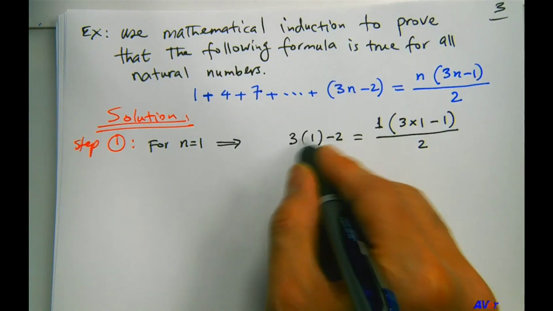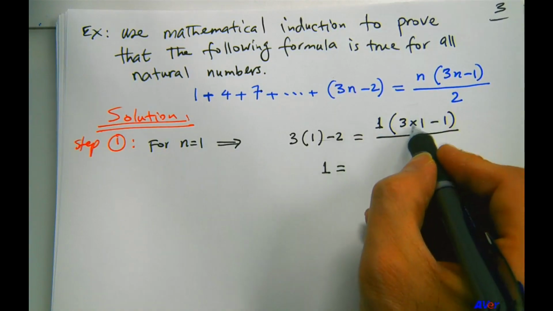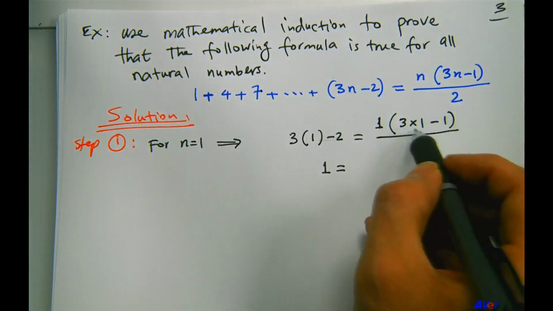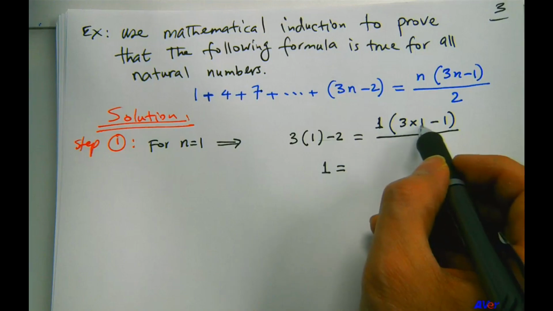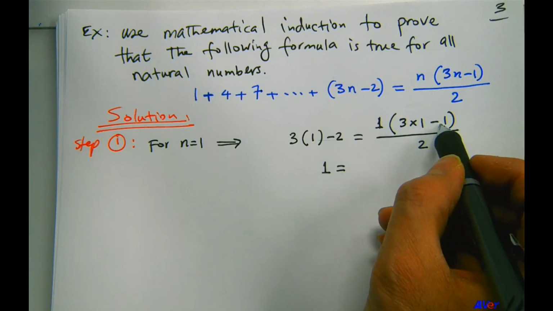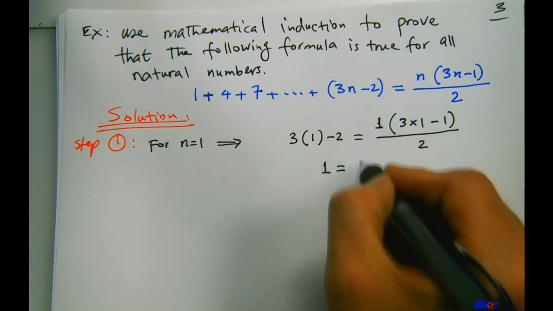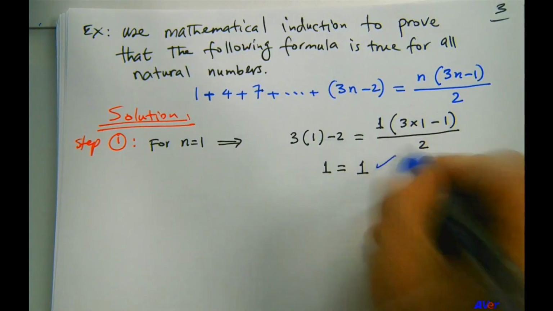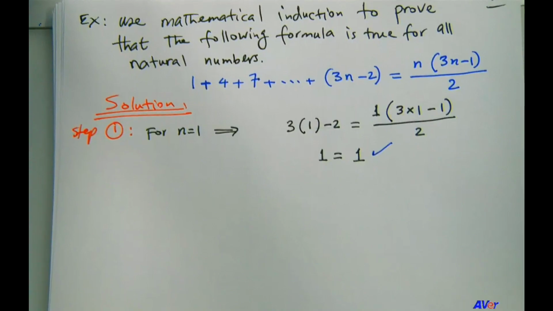On the left we get 3 minus 2, which is 1, equals. Then what do we have? Let's make sure that we observe the order of operations. So start from inside the parentheses. 3 times 1 is 3, minus 1 is 2, 2 times 1 is 2, 2 over 2, 1. So the first step in the mathematical induction is we've been able to show that.